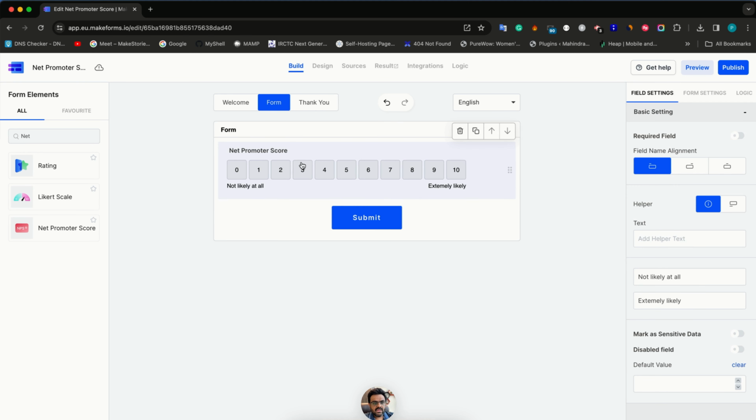Okay, so let's say, how likely are you to stay with us? What you can do is you can just change these labels. Not likely. You can do anything. There is not much of a difference.